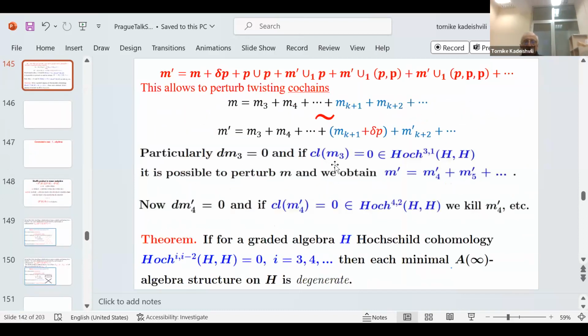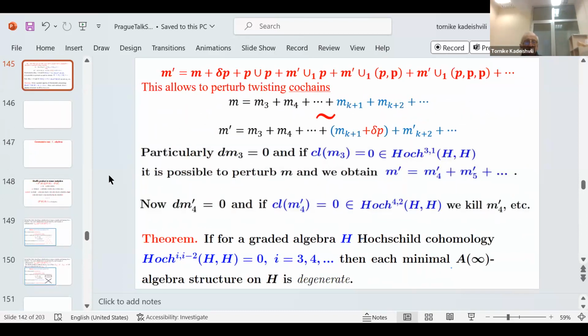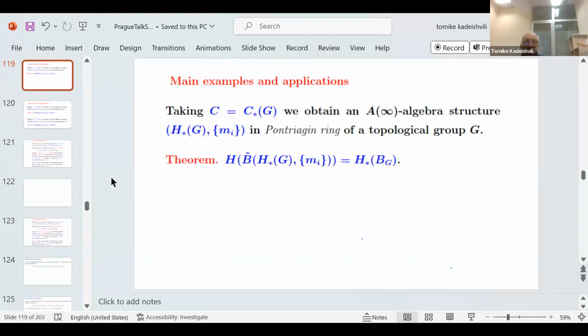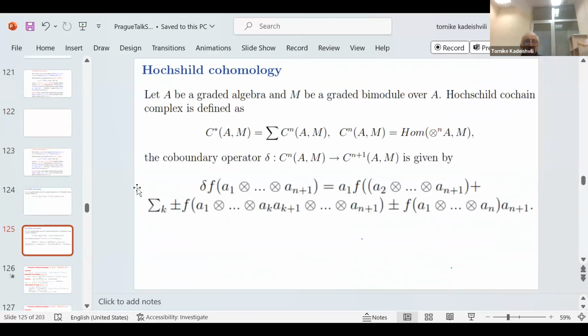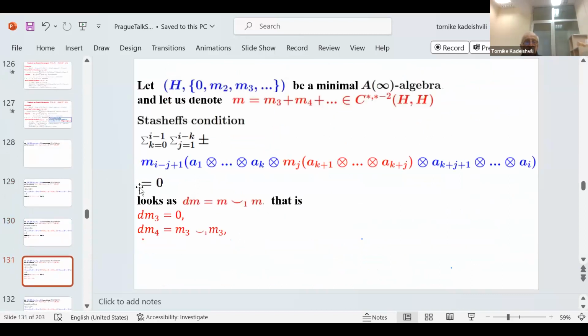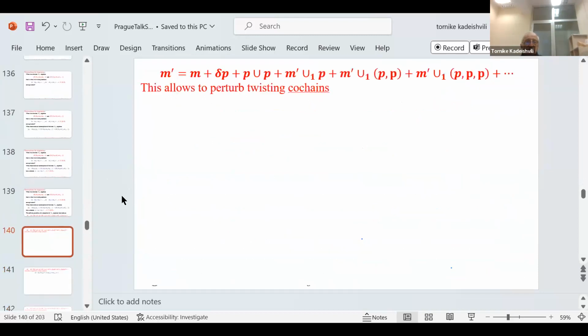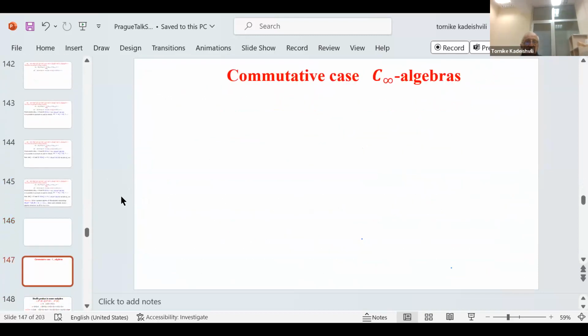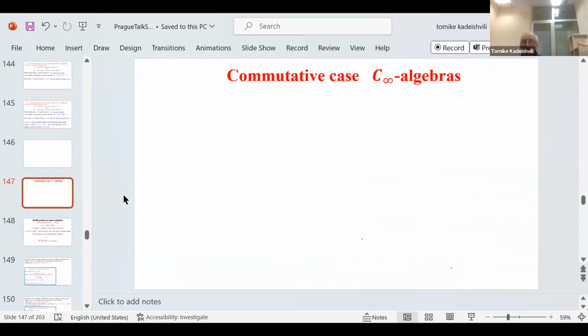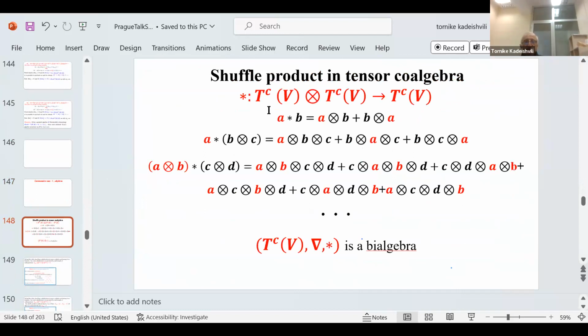We had the notion of infinity algebras. But infinity algebras are differentials in the tensor coalgebra.